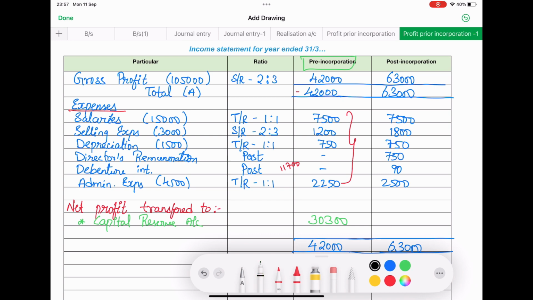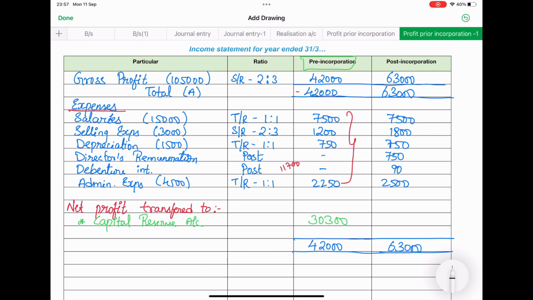So if you add 7,500 plus 1,800 plus 750, again 750 plus 90 plus 2,250, this will be transferred to P&L appropriation account. So pre-incorporation will be transferred to capital reserve, post-incorporation will be transferred to P&L appropriation.